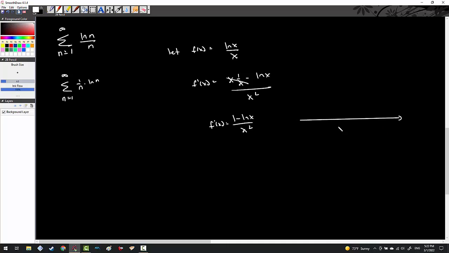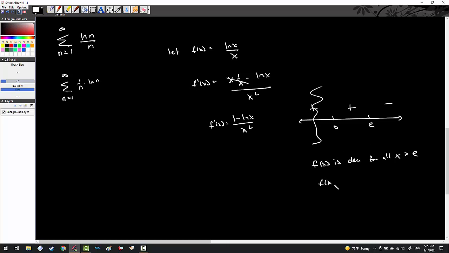And so from here, my only critical numbers are going to be 0 and e. X squared is always positive, so the 1 minus ln of x is going to go plus, plus, minus. Of course, it doesn't exist from behind here. So it looks like we are strictly decreasing for all x greater than or equal to 3. So we can say then that f of x is decreasing for all x greater than e.